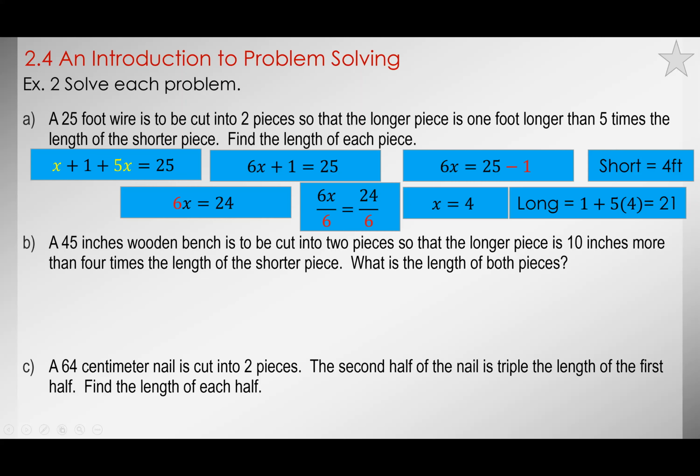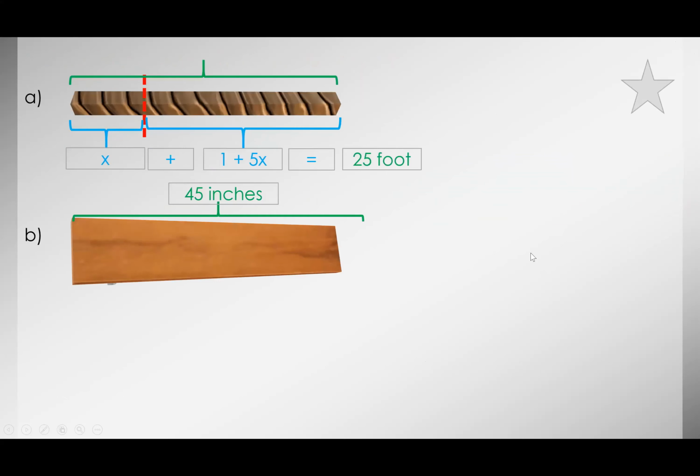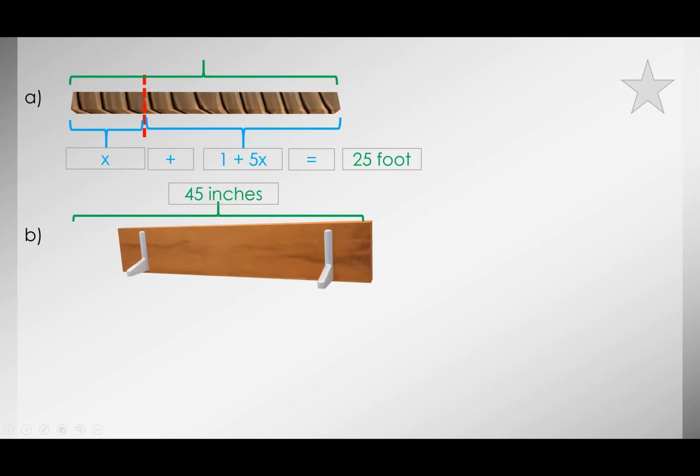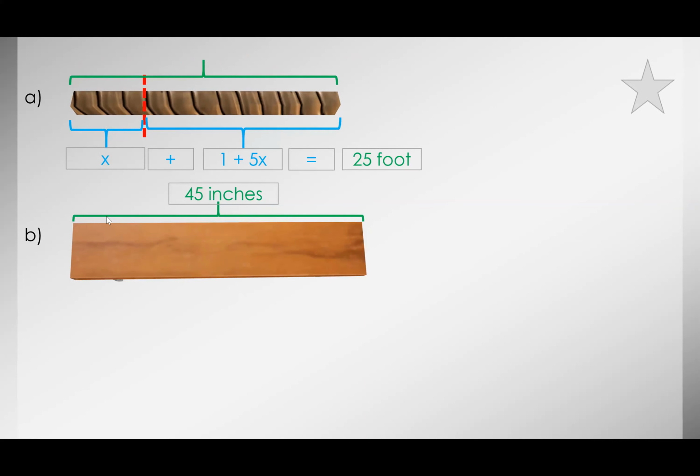Looking at this diagram, we have this bench, and we need to cut it into 2 pieces. We know that this is a 45-inch bench, but we don't know what the short piece is.